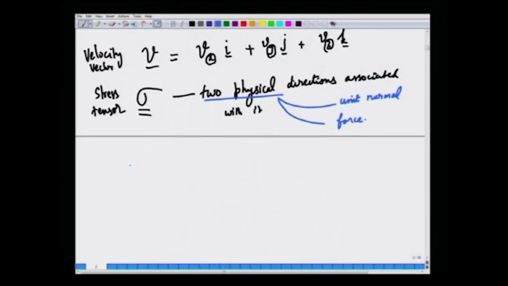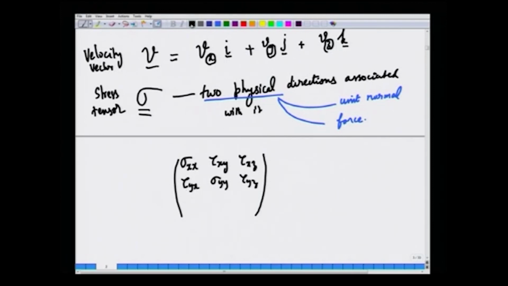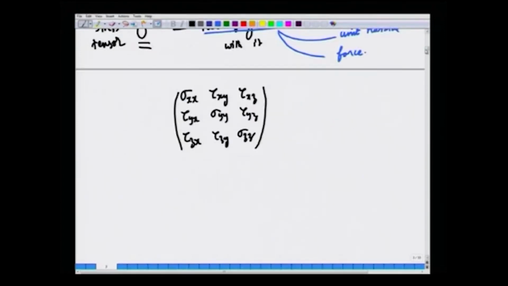Now, at each and every point in the fluid, if one has the knowledge of this matrix or tensor, sigma x x, tau x y, tau x z, tau y x, sigma y y, tau y z, tau z x, tau z y, if one has information about these 9 elements, then there is a result due to Cauchy.